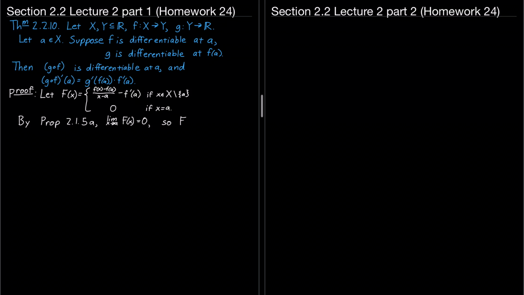So big F is continuous at A. And then furthermore, if x is anywhere in our domain, either equal to A or not, then we can write that f of x minus f of A is equal to x minus a times f prime of a plus big F of x.